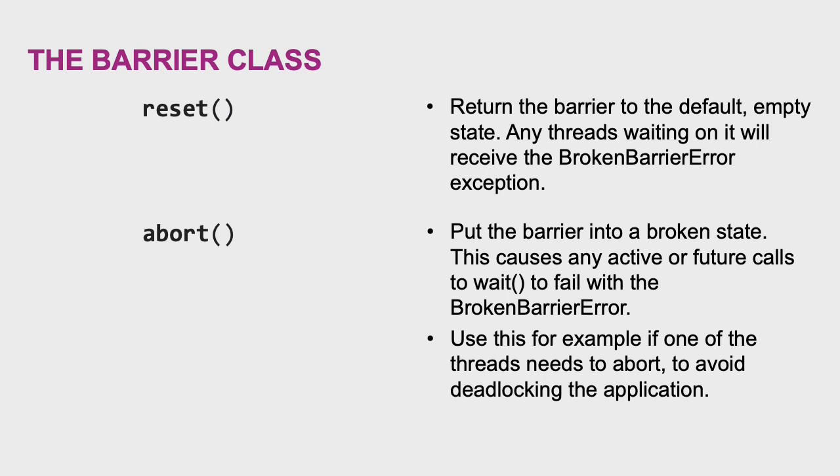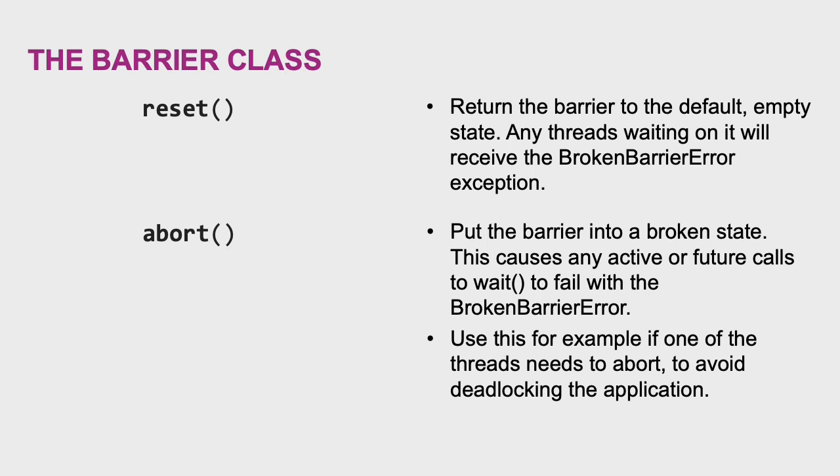Sometimes it is necessary to void a barrier, to reset it or to abort it in order to deal with special situations. So we have dedicated methods to deal with this.